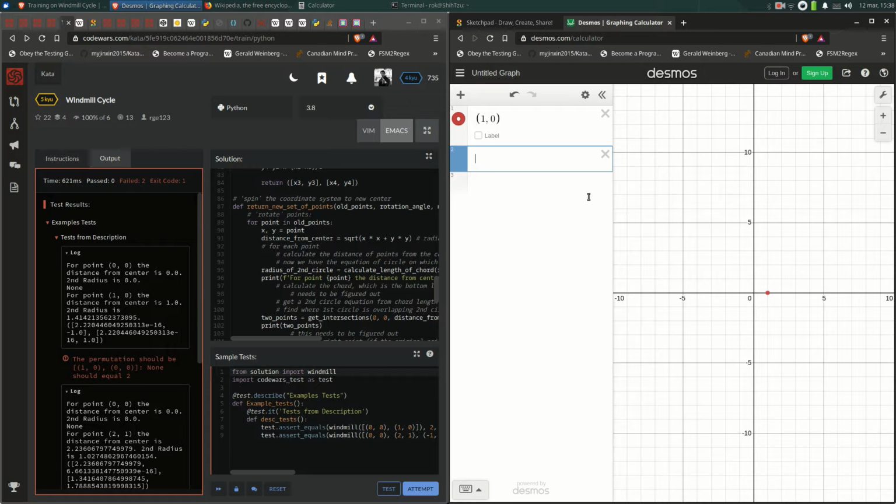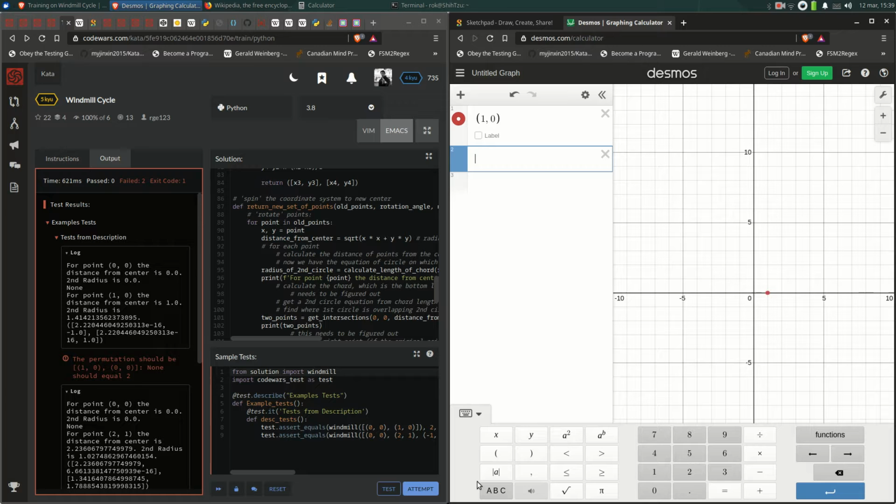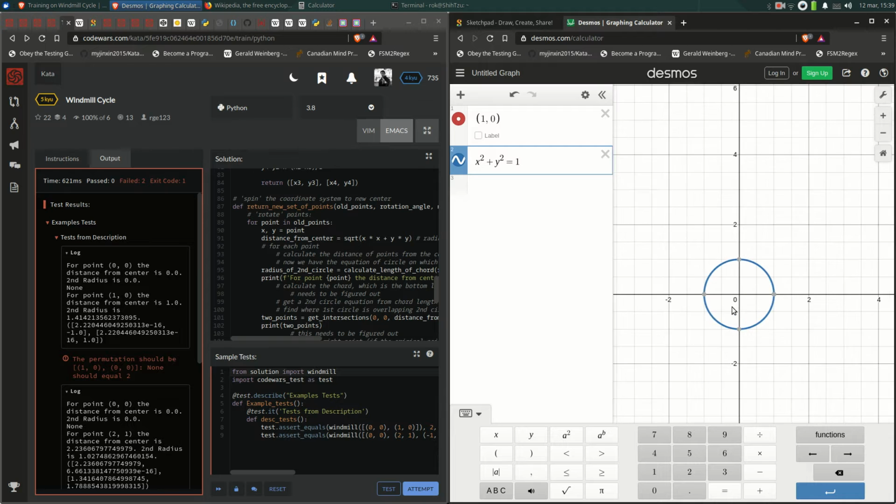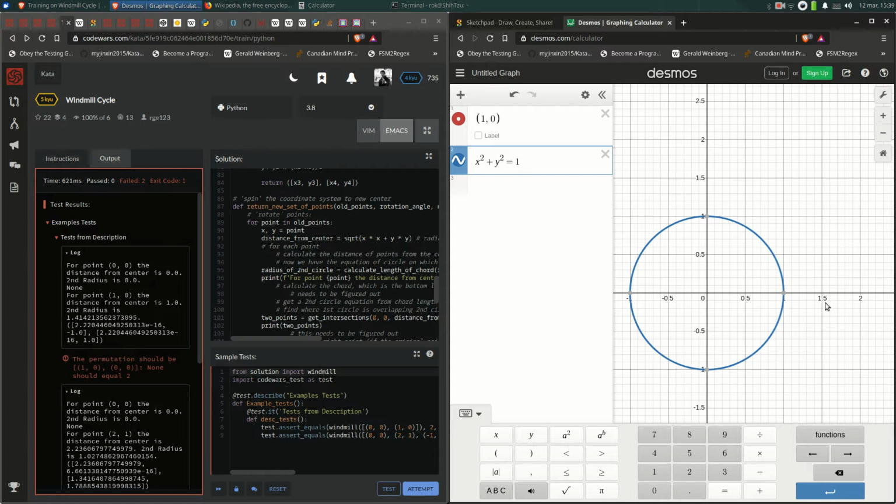So we make 1, that we have x squared plus y squared equals, what's the radius? 1. Yeah, so you get that. It lies on the circle. Second radius is that.